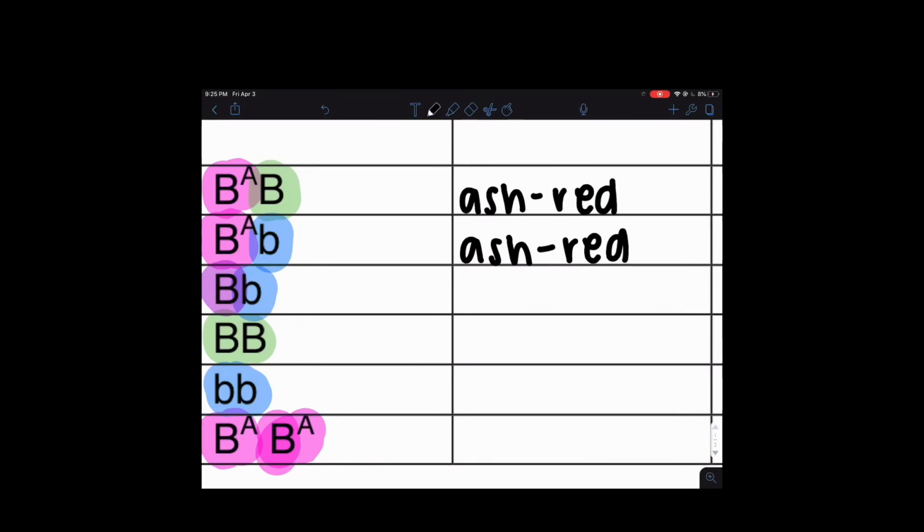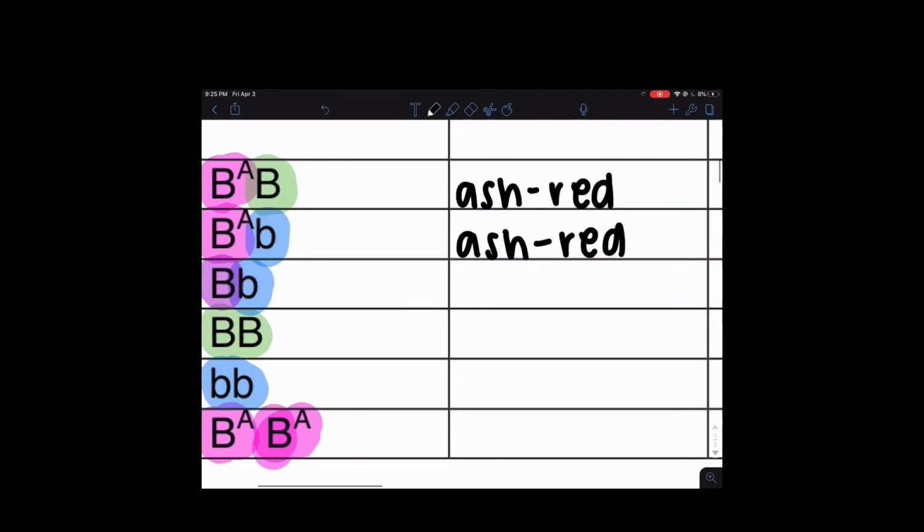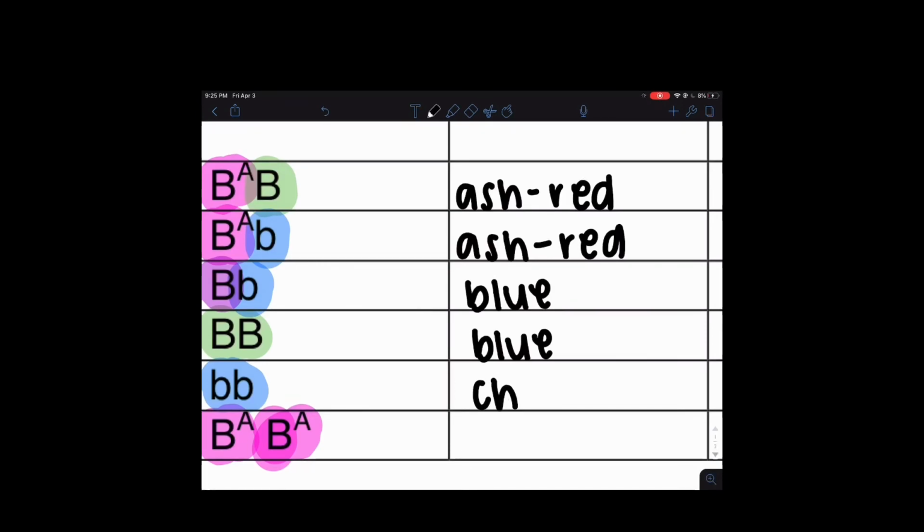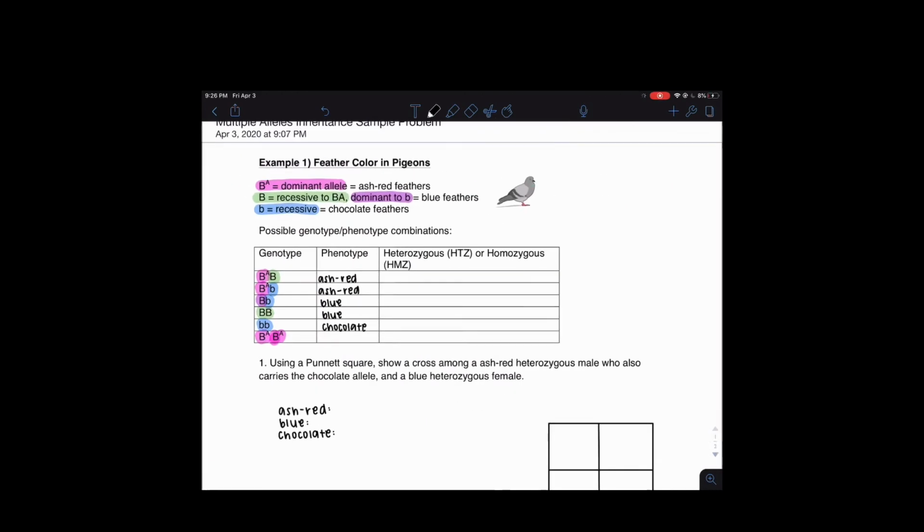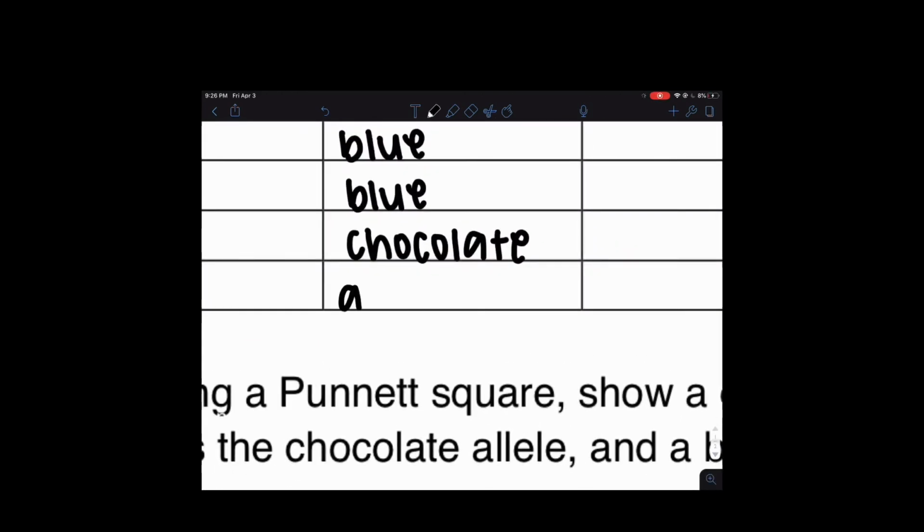The next one would be blue because it has a capital B, which would normally be recessive to B^A, but since there's a lowercase b next to it, it is dominant, so it's going to be blue. The next one has two capital B's, so that means it has blue feathers. This one has two lowercase b's, which means it has chocolate feathers. And this last one has the dominant allele, so it means it is going to be ash red.